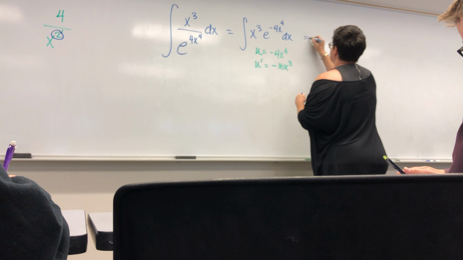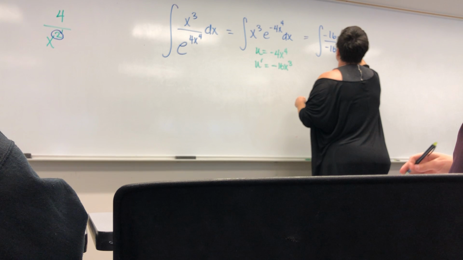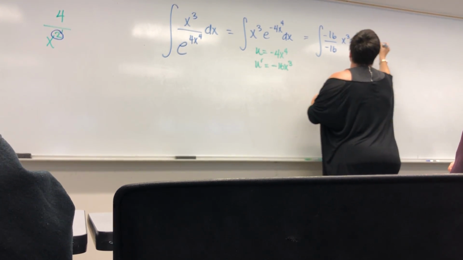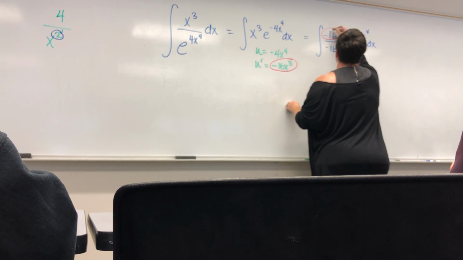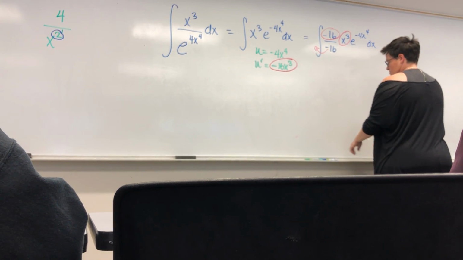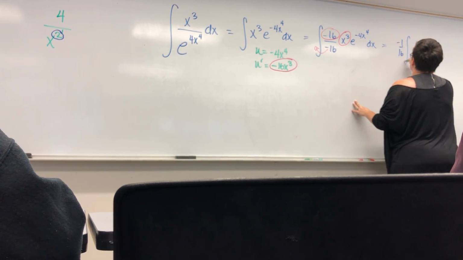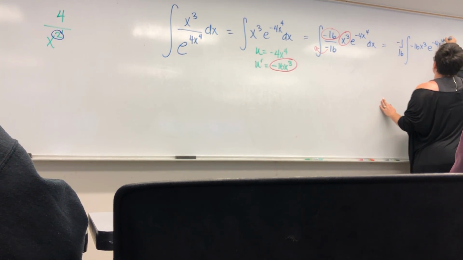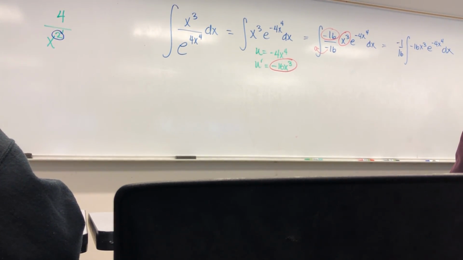Negative 16. So I want negative 16x cubed. I'm going to take all the elements that make that happen and kick out the ones that don't. So I will get negative 1/16 outside, negative 16x cubed e to the negative 4x to the 4th with respect to x on the inside. Now I have precisely my template.